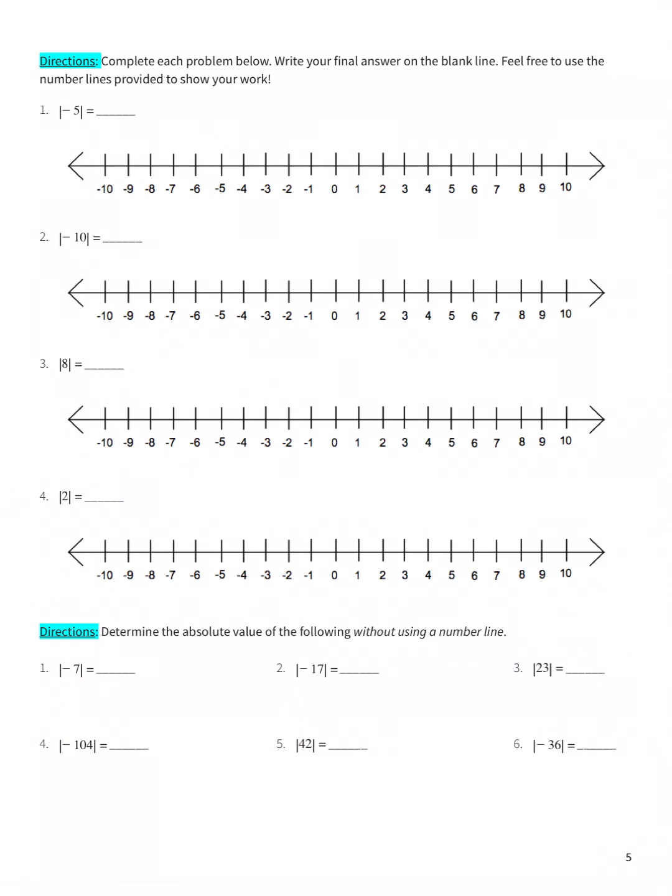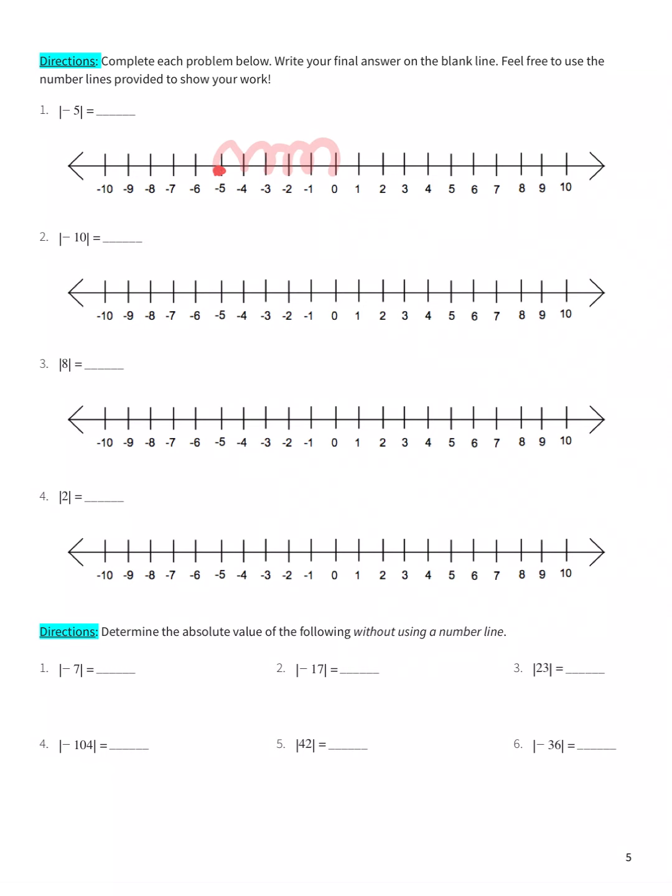So for this first set of problems, what you're going to do is find the absolute value. And we know you're trying to find the absolute value because it has these little lines which mean absolute value. So what is the absolute value of -5? Well, let's put -5 on our number line, and then let's count how many steps away it is from 0. 1, 2, 3, 4, 5.